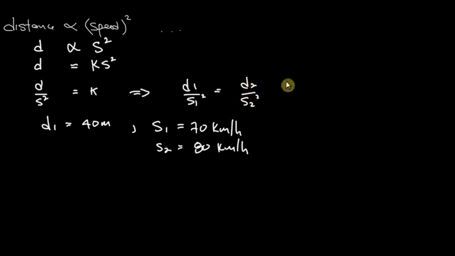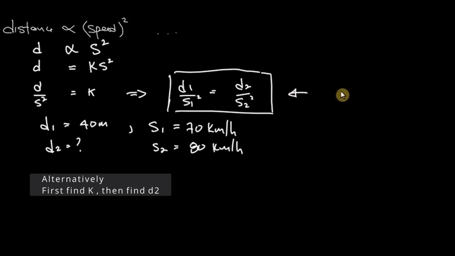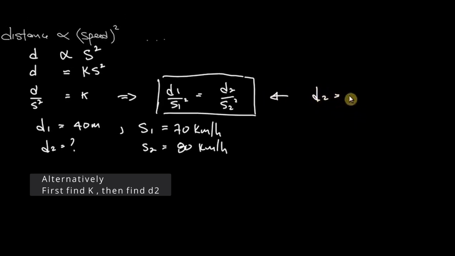So here we can use our relationship that we just established, our formula, and we can change the subject for d2, which is our unknown. So in this case, if we transpose here for d2, we can write d2 is equal to d1 over s1 squared times s2 squared, or simply d1 times s2 over s1 all squared.